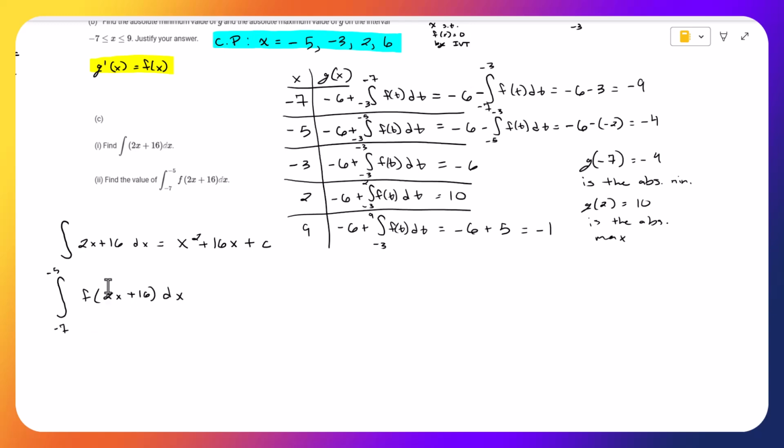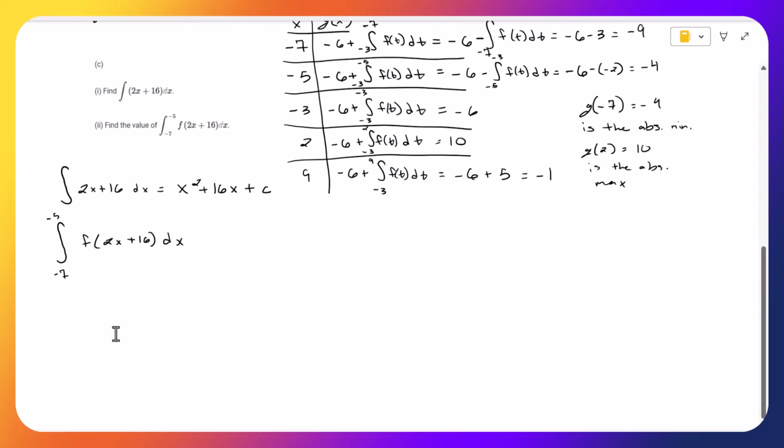What is the derivative of this inside? It's just 2. It's just a constant. So I can U-sub, and that won't introduce any new variables or new functions that are going to mess stuff up. So let's just U-sub this.